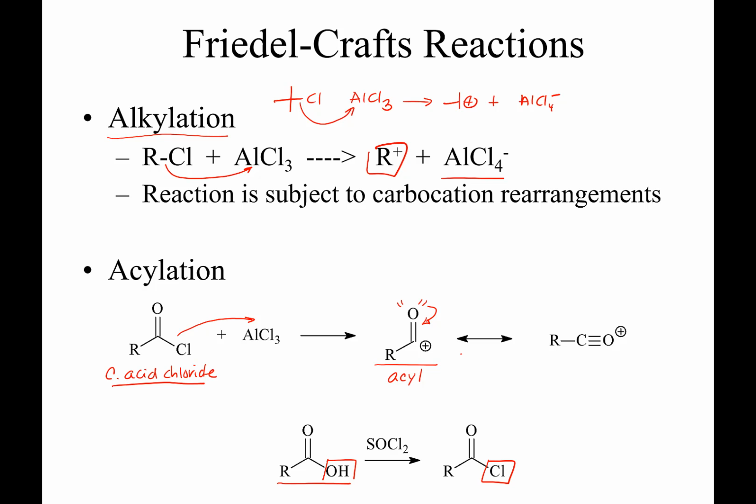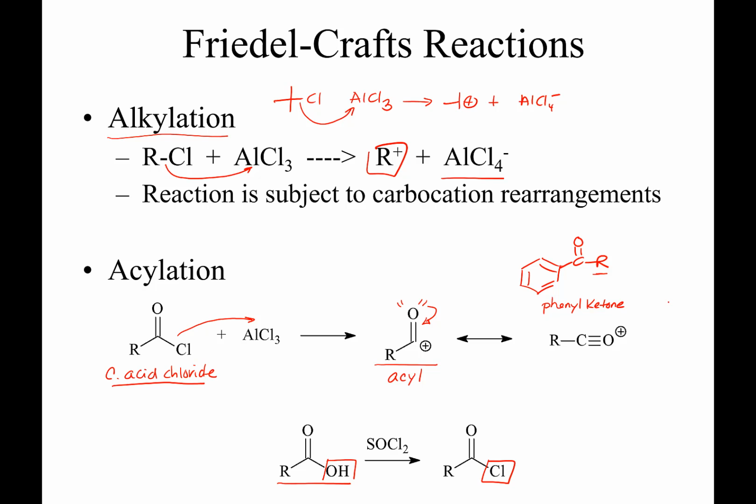So what that's going to let me do is add any length or any type of R group here, from what was an acid chloride, and make what's called a phenyl ketone. It's a phenyl ketone because it's got a phenyl group that's attached to the ketone.